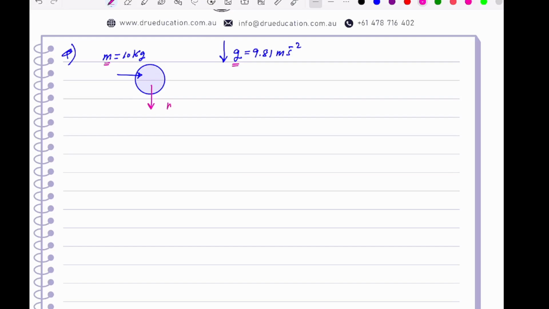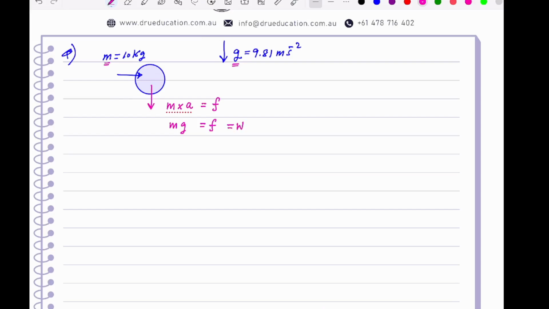Why? Because m times acceleration is a force, right? So you get a force, and in this case a is going to be g, so mg is the force. There is a force acting in the downward direction, that is called the weight force.